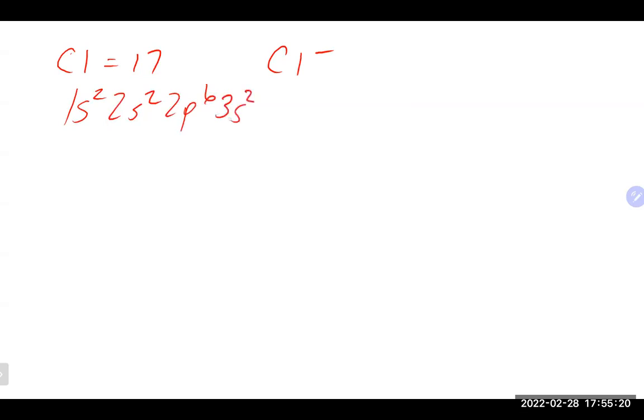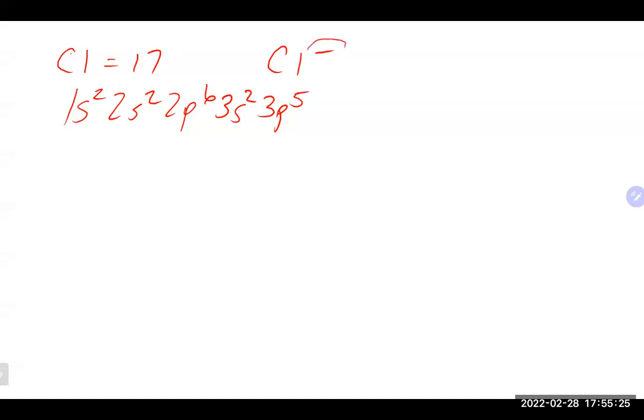Now, let's say we had something like chlorine. And chlorine will gain a -1 charge. What happens when things gain a charge? So chlorine is 17 electrons with no charge, which means its electron configuration is 1s2, 2s2, 2p6, 3s2, 3p5.